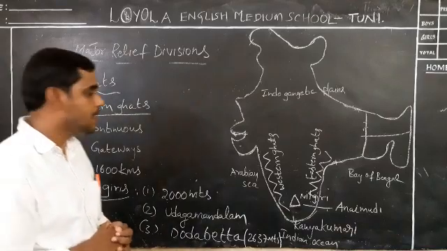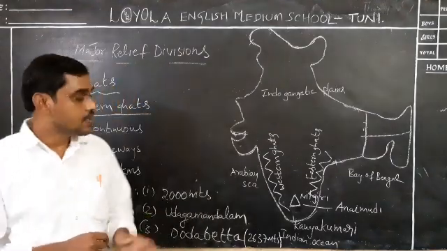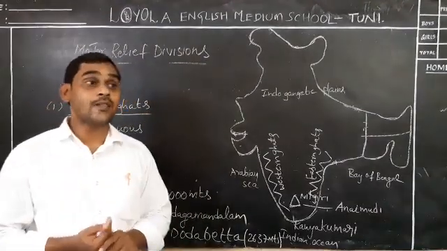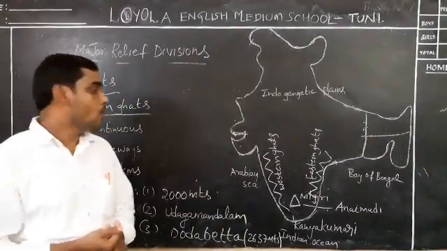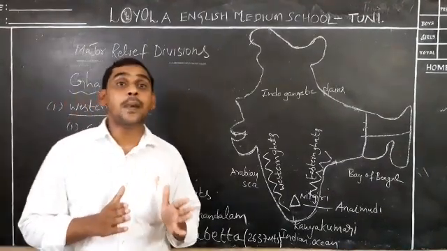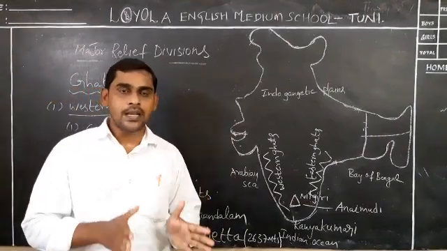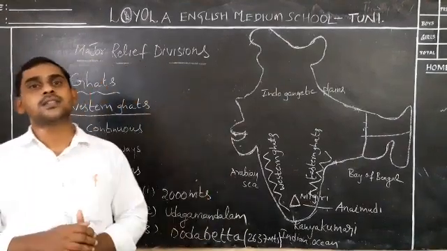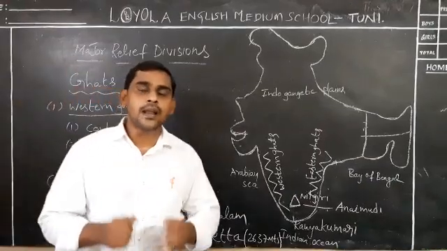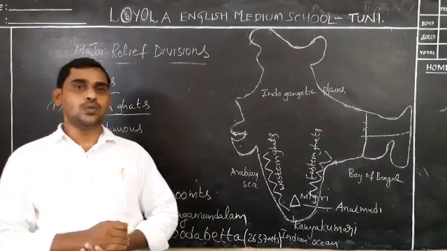Do you understand this? And at the same time, in the Western Ghats, there are also some famous hills. What are the hills? Anaimala Hills and Palani Hills. Anaimala Hills and Palani Hills are located in Tamil Nadu.